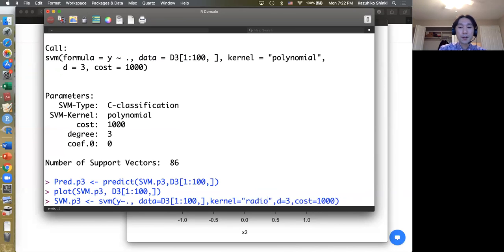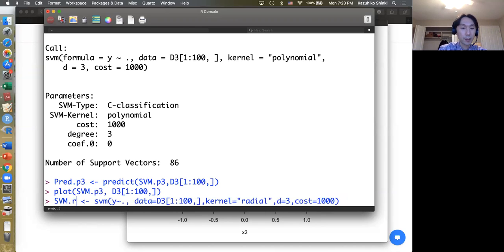Another thing is radial basis function. Basically we use some Gaussian, the Gaussian PDF, to define the kernel. This basically maps the original predictor space into an infinite dimensional space. We cannot really imagine what's happening, but we try this.